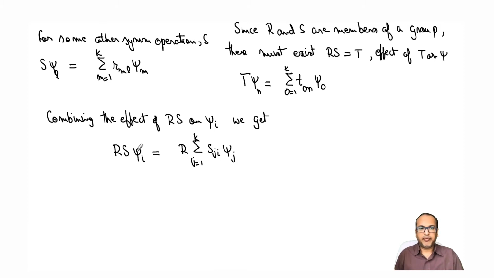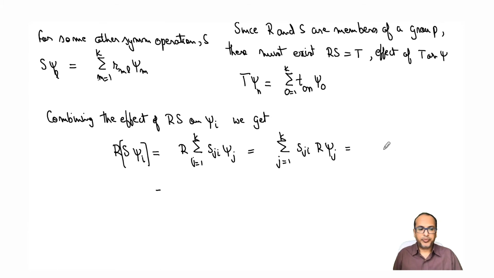What we have done is just operate S onto psi I. Next we operate R onto psi j. I can take the summation out, j equal to 1 to k and s ji, and bring R into the picture, R psi j, so that R can operate onto this.